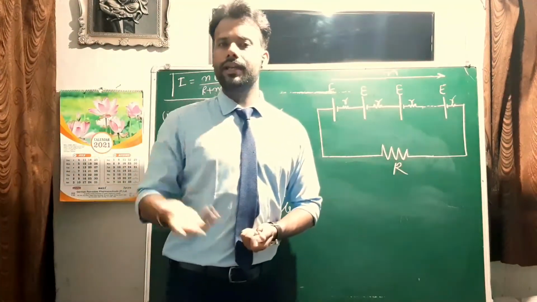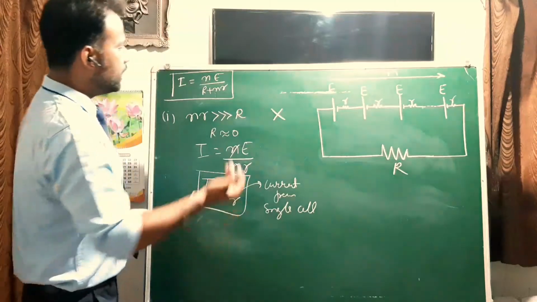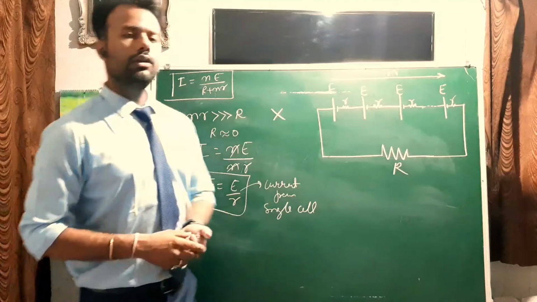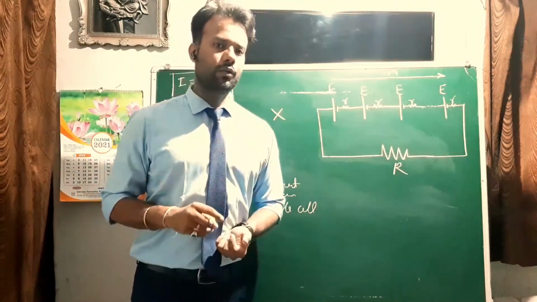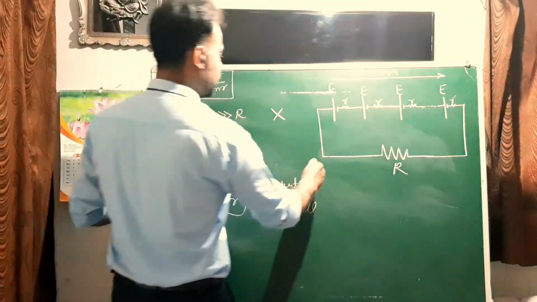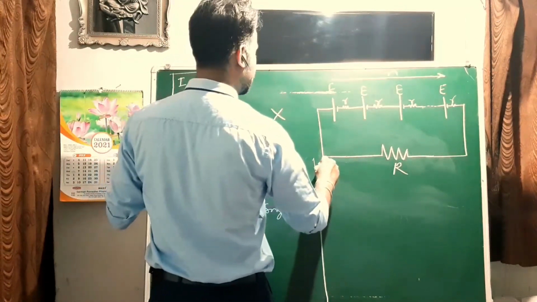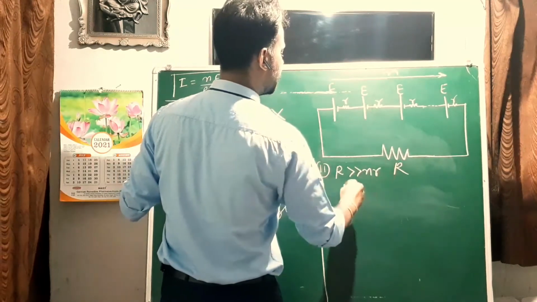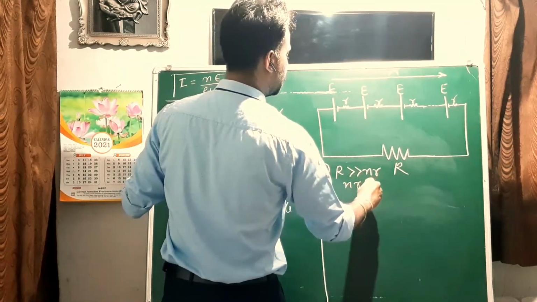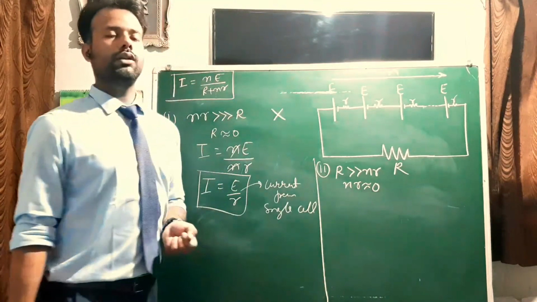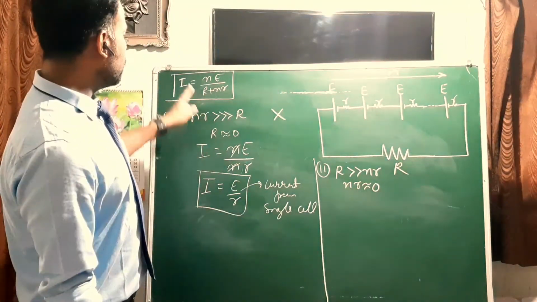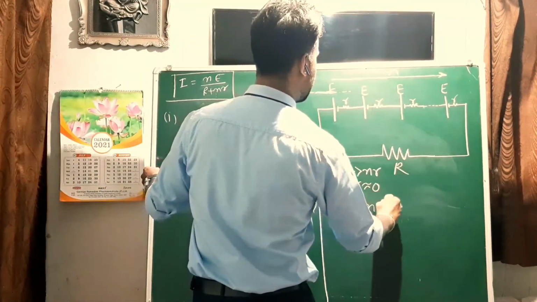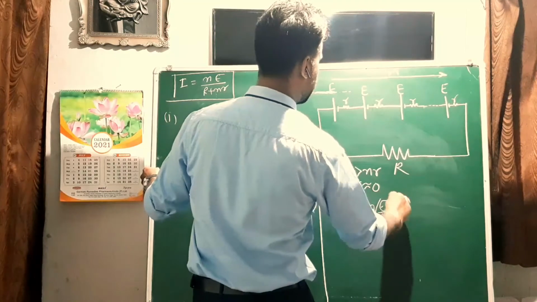Now let's see what the second condition can be. The second condition is that the external resistance is much greater than the total internal resistance. So let's check it out. I'm taking that now R is very much greater than NR, so that we can neglect the value of the total internal resistance, right? Now what will the current be? Now current will be I equals NE upon R, right?